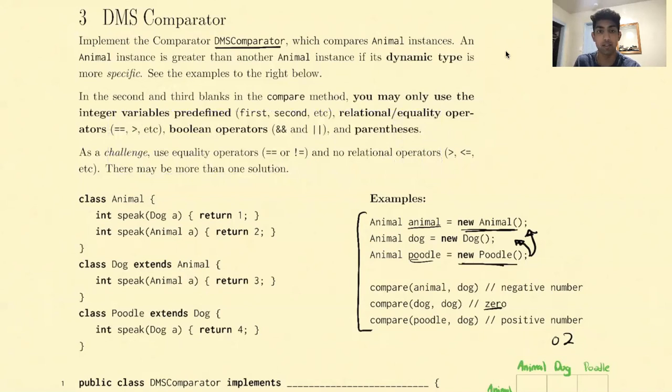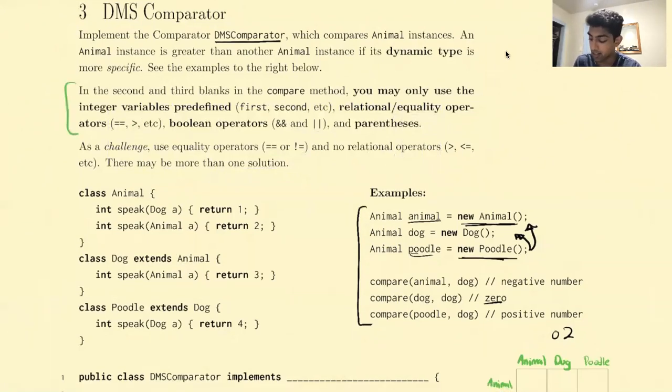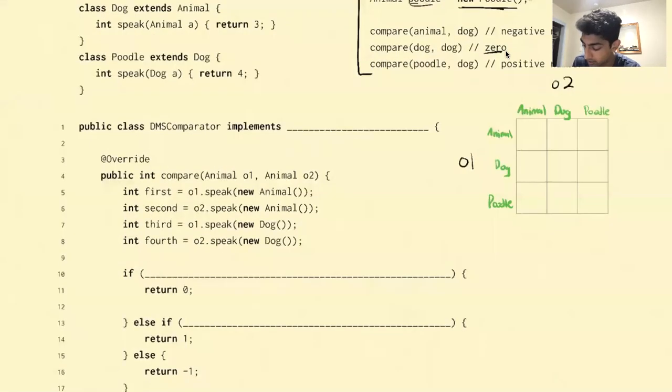Okay, so just to recap, in these blanks right here we can only use these variables. We can use ors and ands. We can use equals, and we can also use parentheses. Okay, that's all that we have in our toolkit.